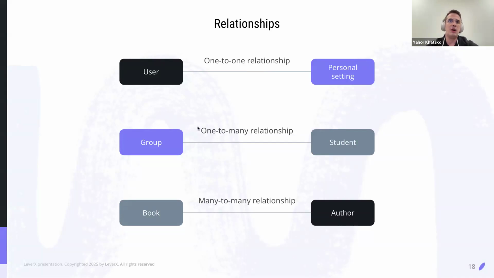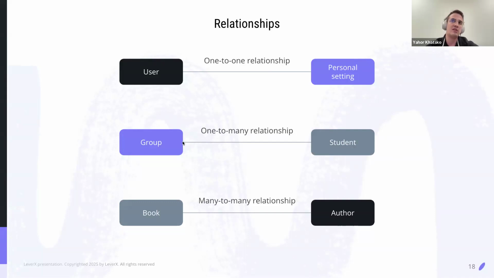With the one-to-many relationship, there is a difference. Let's say one group has multiple students, and within the student table we will have just a group ID, and a lot of students could point to one group ID.